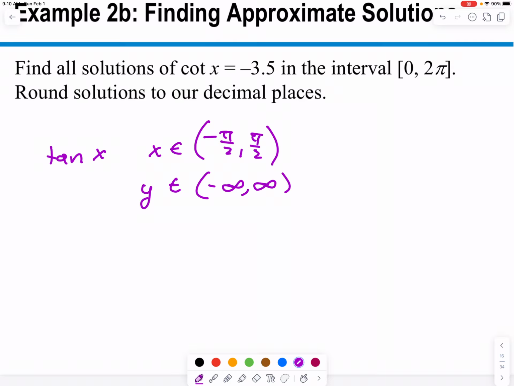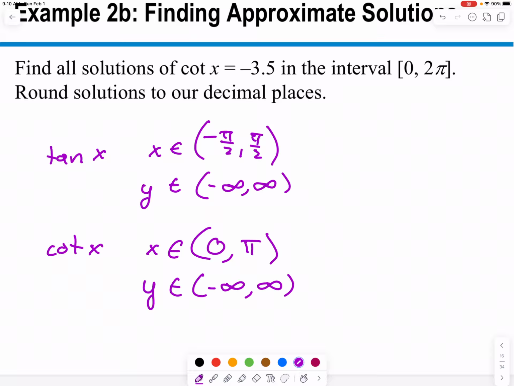So then if we consider cotan of x, we have to shift that by 90, so add pi over 2. Now our domain is restricted from 0 to pi, and our range is all reals. So now when we go to investigate arctan, why am I drawing a blank there?